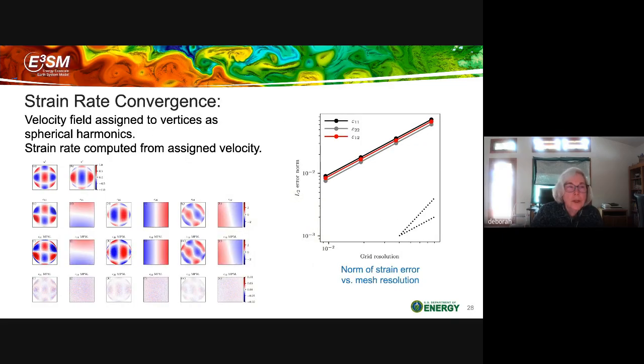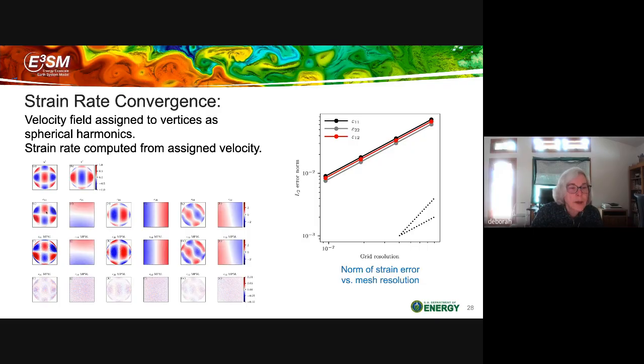And so here's an example, again, taking velocity at material points as spherical harmonics, reconstructing the material point velocity on the mesh. So we include the function reconstruction. We then have velocity on the mesh. We take the gradients, the way that I just described, to compute strain rate.